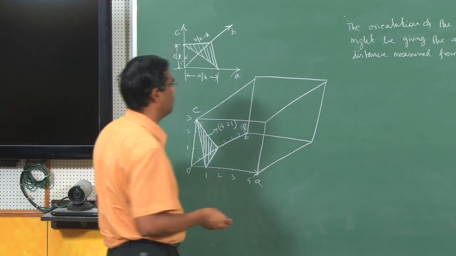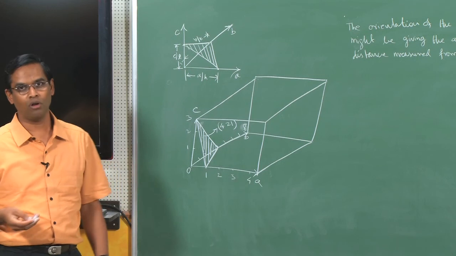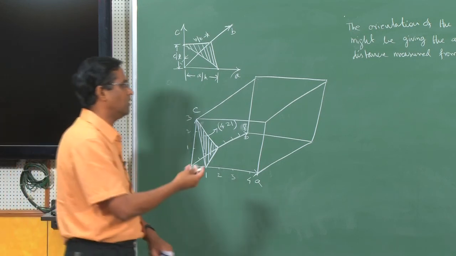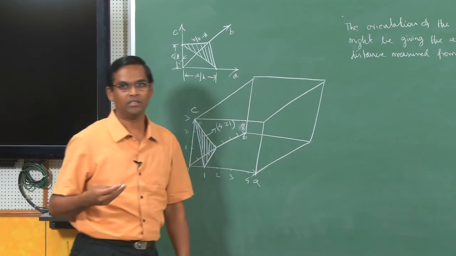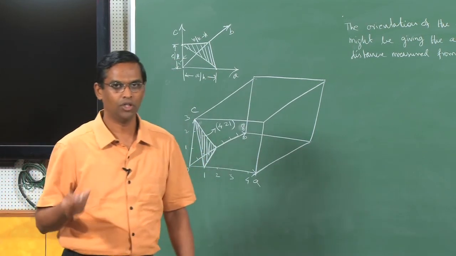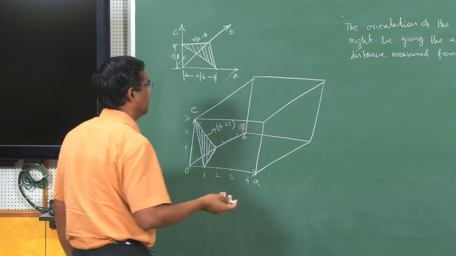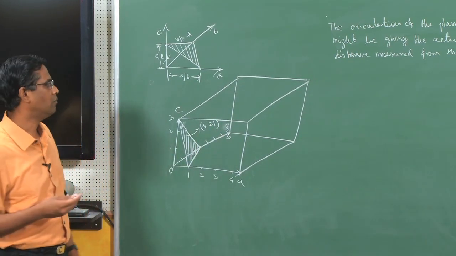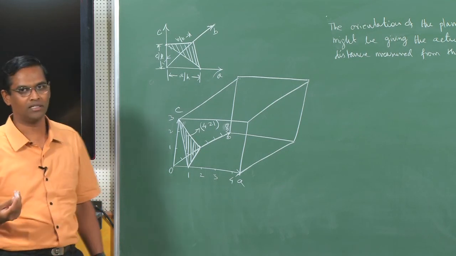So, that is why the reciprocal of whatever intercepts you get is used, because 1 by infinity is always 0, and then you can put them into a curved bracket. So, that is the point you have to understand.